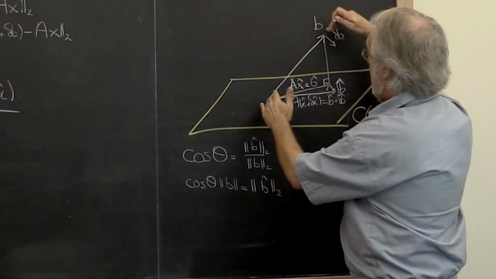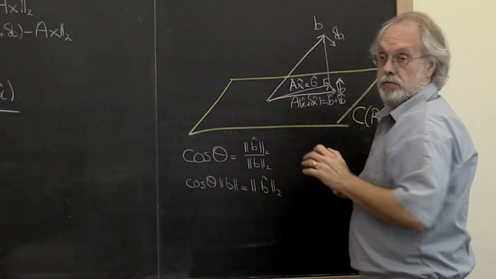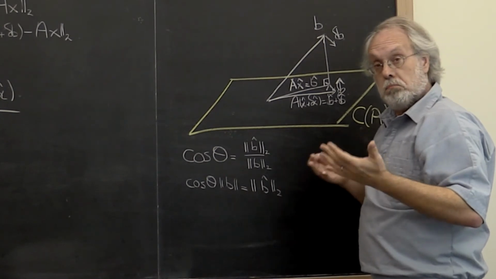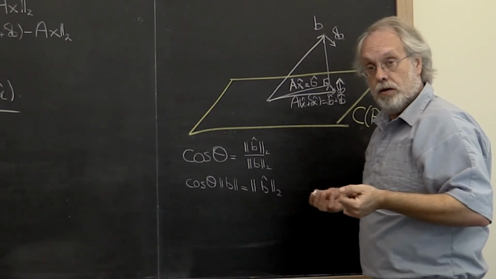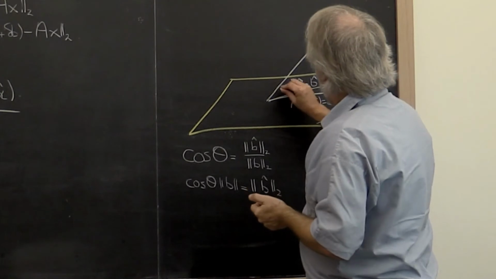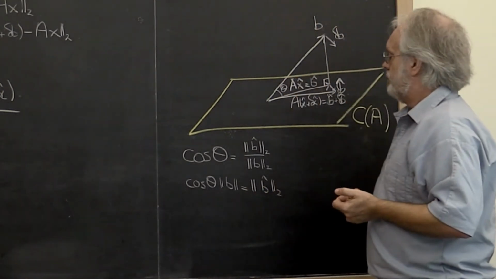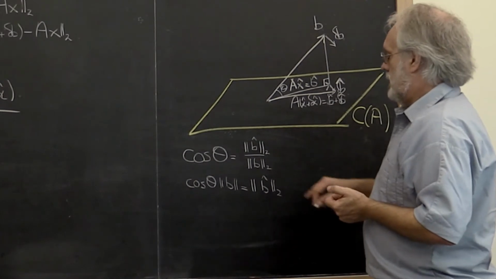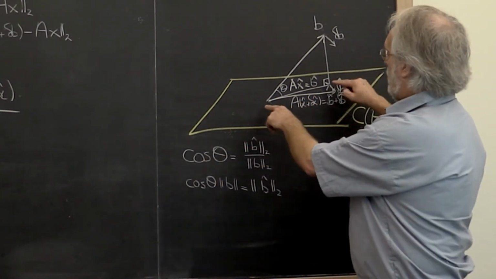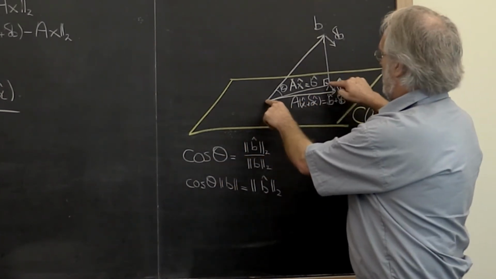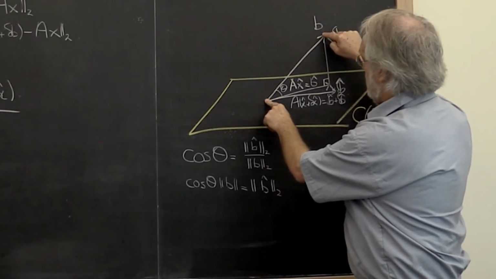So somehow this angle between b and the column space of A, we would expect to come into the picture. Let's call that angle theta. And we then know that the cosine of theta is this distance divided by that distance.